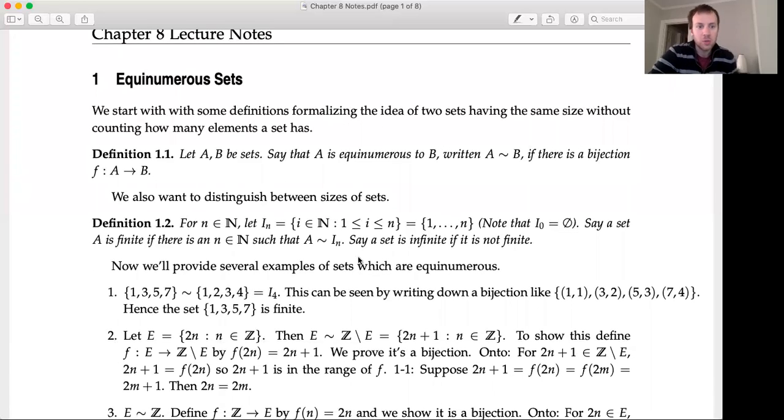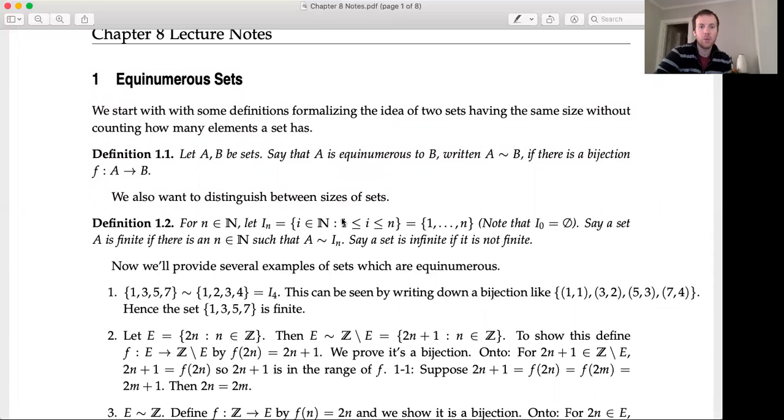So to distinguish between these sizes, we'll first say if you take a natural number n, I sub n is all the numbers between 1 and n. So I sub n is the numbers 1, 2, 3, and so on up to n. As a sort of quirk of this, I sub 0 is the empty set.